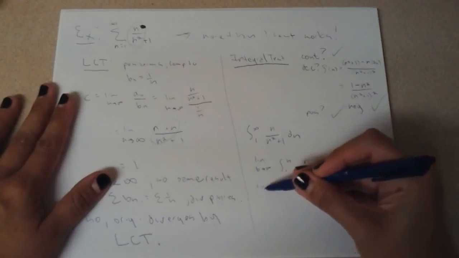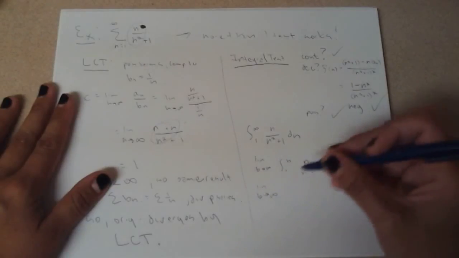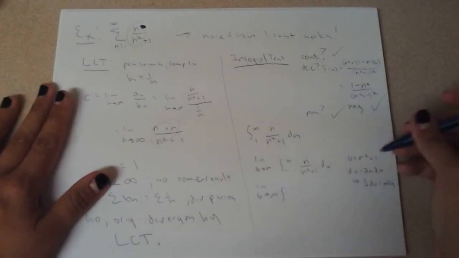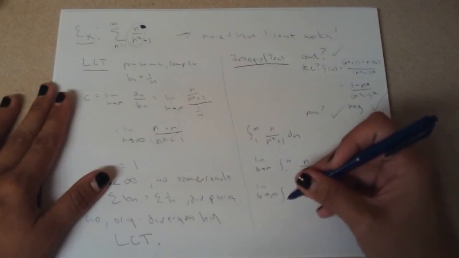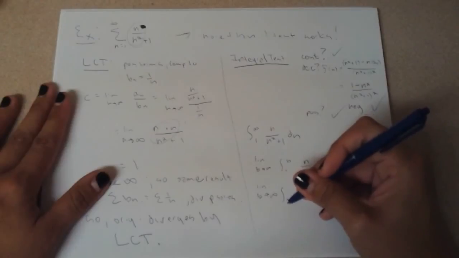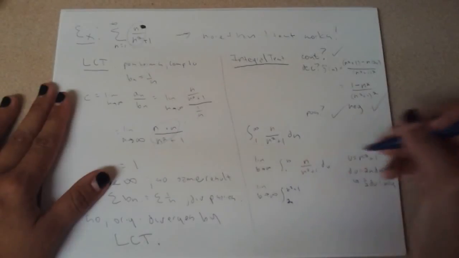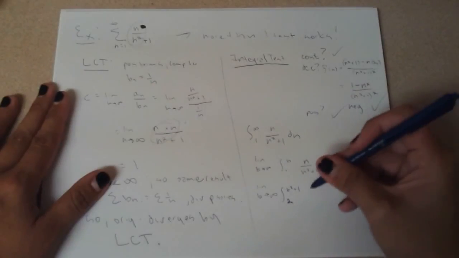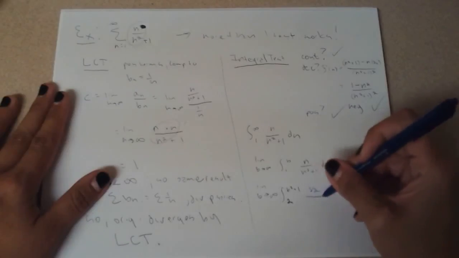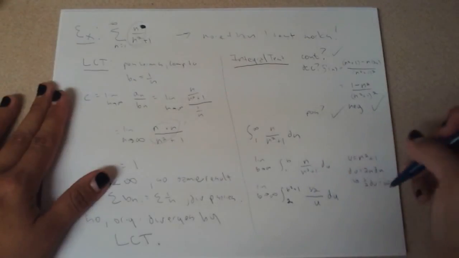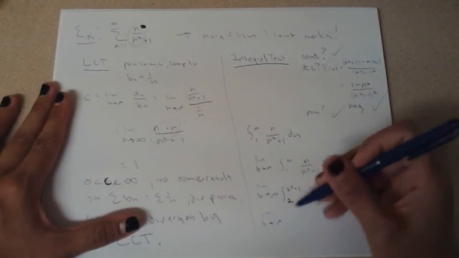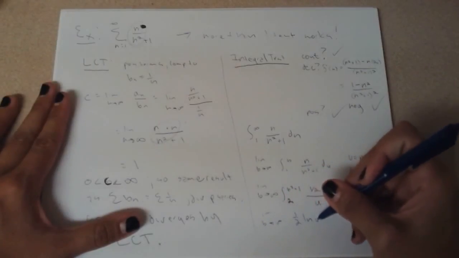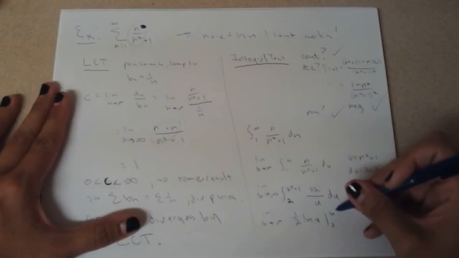If I try to evaluate my integral here, I'm going to get a new set of bounds. I'll plug these in to get my new bounds. This is now going from 2 to b squared plus 1. And this is going to look like 1/2 over u du. Well, this integrates to 1/2 times natural log of u, evaluated between 2 and b squared plus 1.